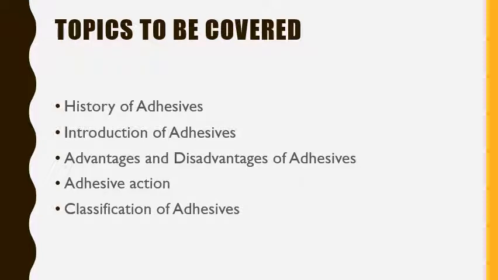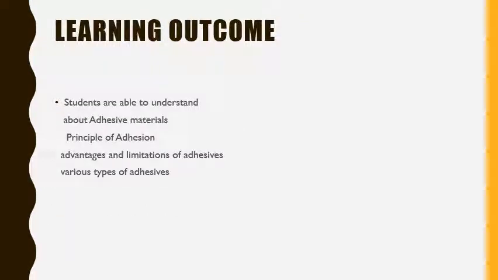In this lecture, we should learn about the history of adhesives, an introduction to adhesive materials, their advantages and disadvantages, what the adhesive action is, and how many types of adhesives there are. Students will be able to understand the adhesive materials, the principle of adhesion, the advantages including disadvantages, or we can say limitations of the adhesives, and the various types of adhesives.